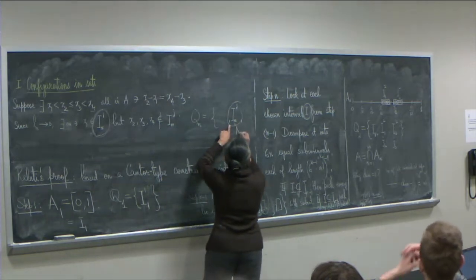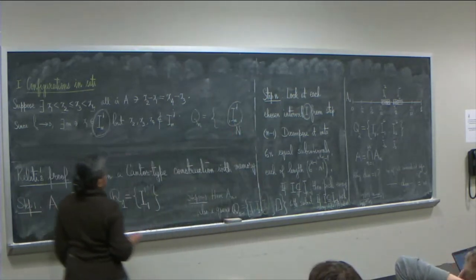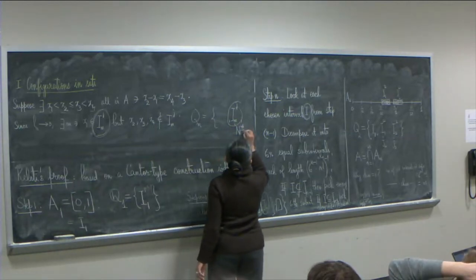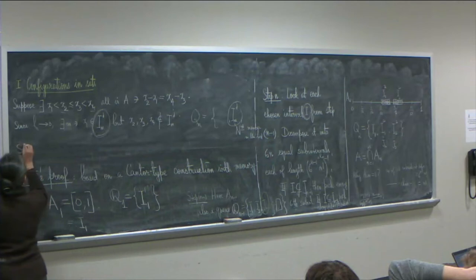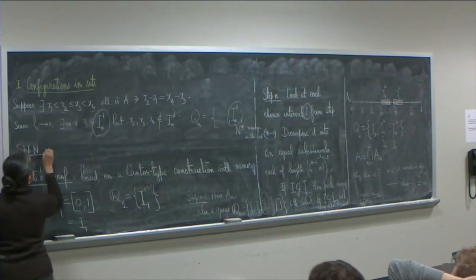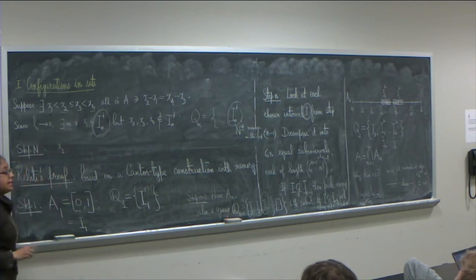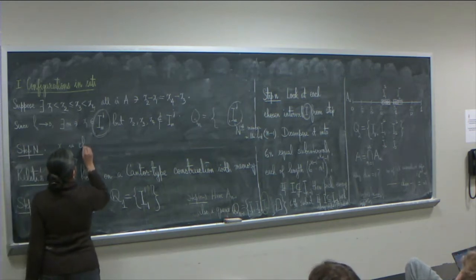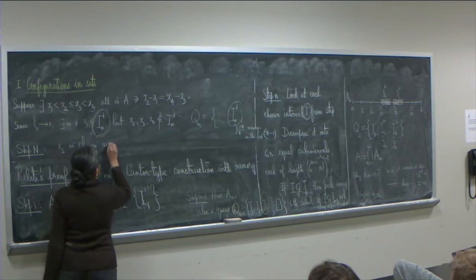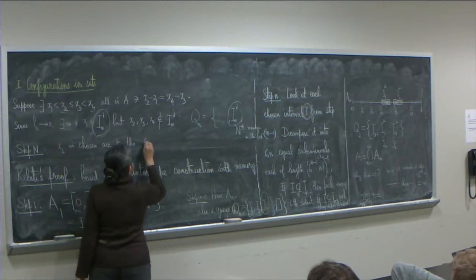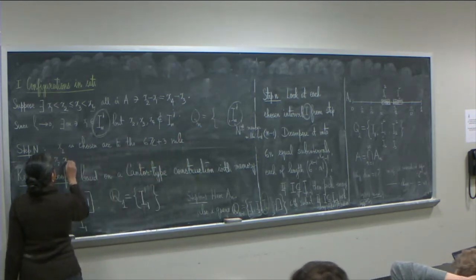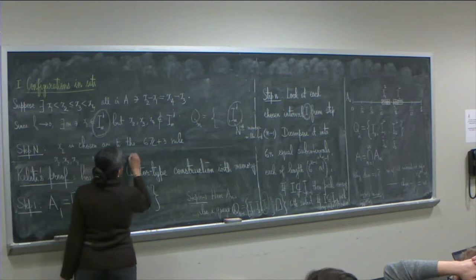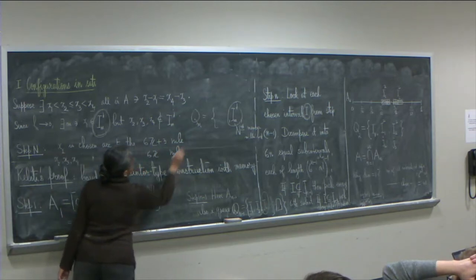So if this is the capital nth member in the list, let's see what happens at step n. x1 is chosen according to the 6z plus 3 rule, and x2, x3, and x4 are chosen according to the 6z rule.